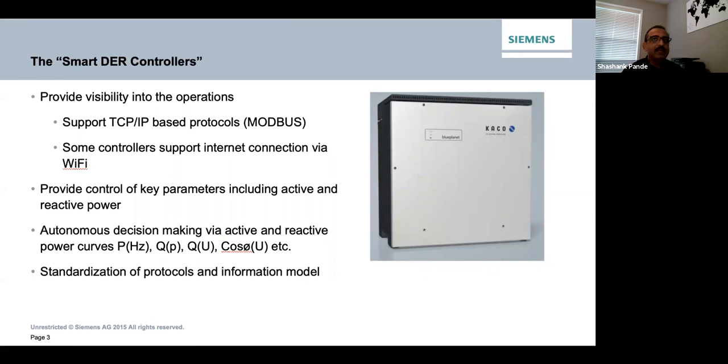So the smart DER controllers, definitely in the last 7-8 years, we have seen quite a bit of improvement. I remember that just a few years back, it was not common to have even visibility into the inverters, and they were just doing what they were doing.